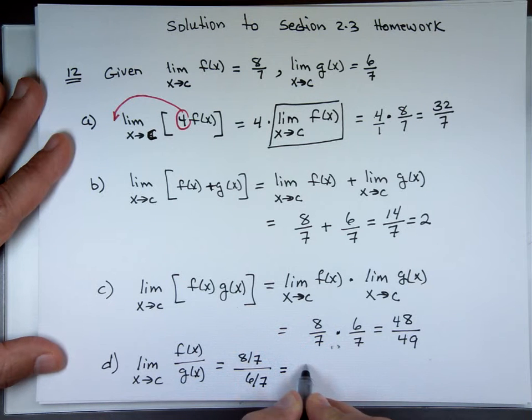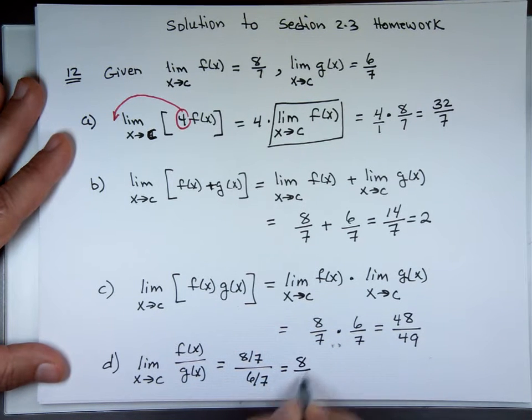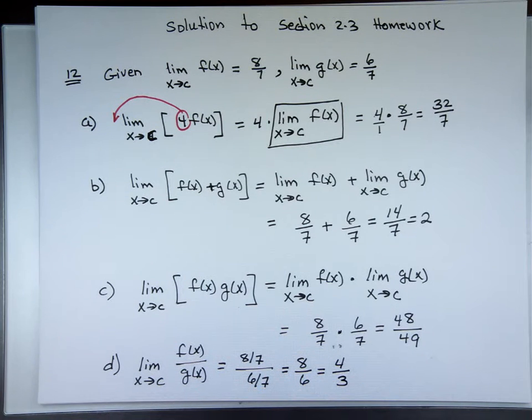You simplify that, that's actually 8 over 6. If you multiply the top and the bottom by 7, the 7s will disappear. You simplify that, that's 4 over 3. So you're just knowing really what the rules are.